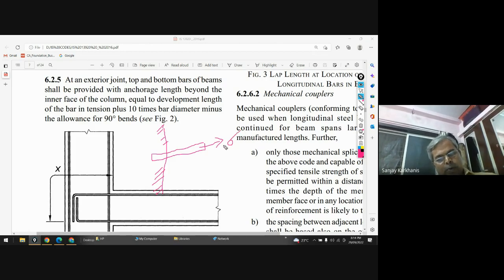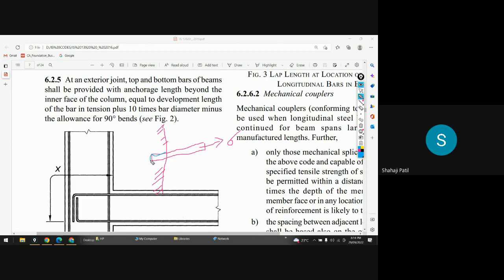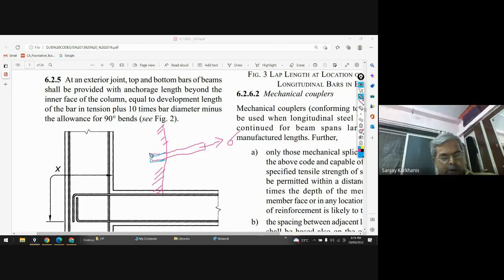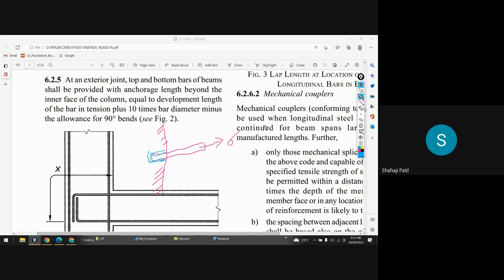Now, who is going to resist this stress? The friction between concrete and this bar will resist. Now, if this stress is more than this frictional resistance, then the bar will get pulled out.